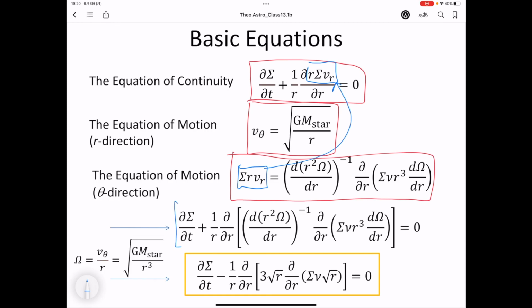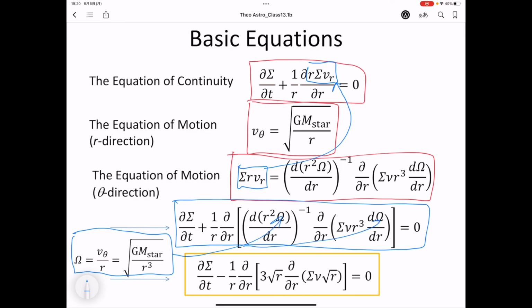Then you will get this equation. We already know omega as a function of r. Then you can substitute this omega here to calculate. Then we have a basic equation to describe the evolution of the surface density of an accretion disk. Okay, this is the end of this lecture.